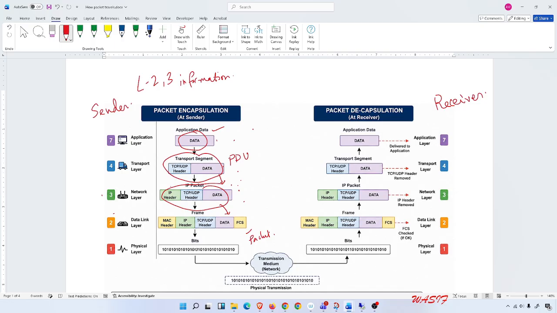In layer 3, the most important thing is the sender's IP address and the receiver's IP address. In the data link layer, we have the sender's MAC address and the receiver's MAC address.